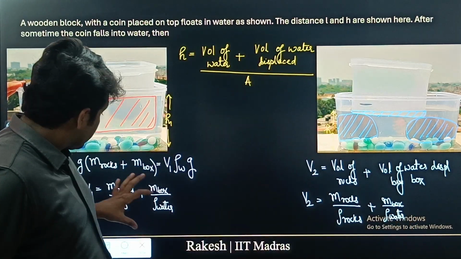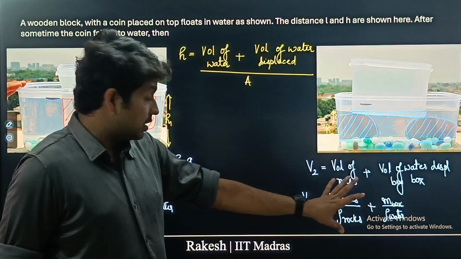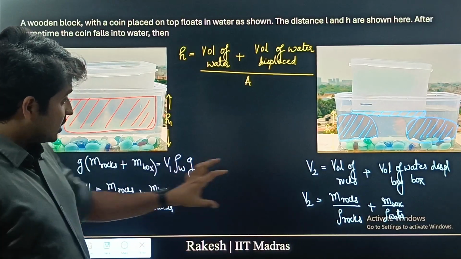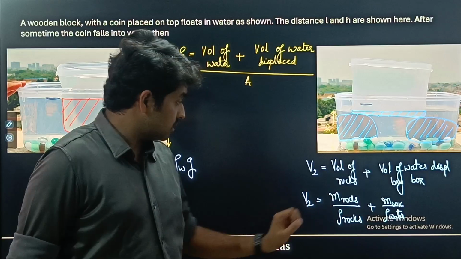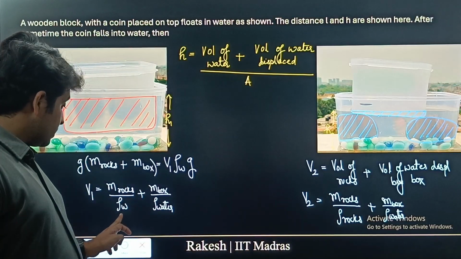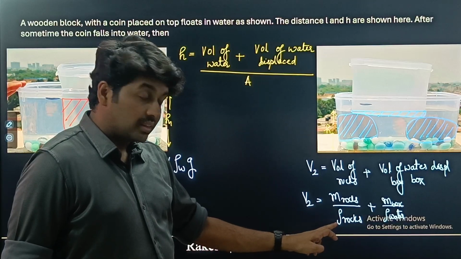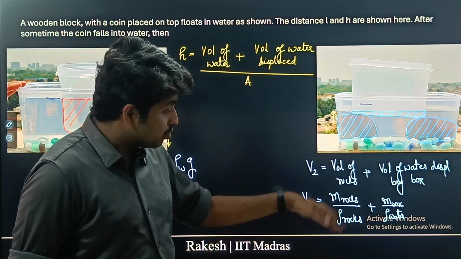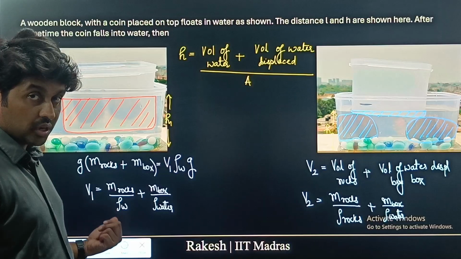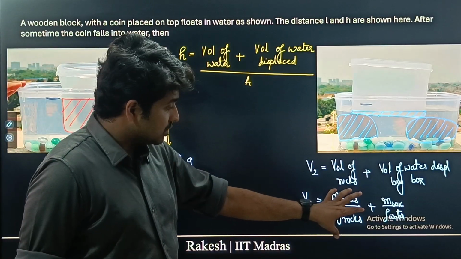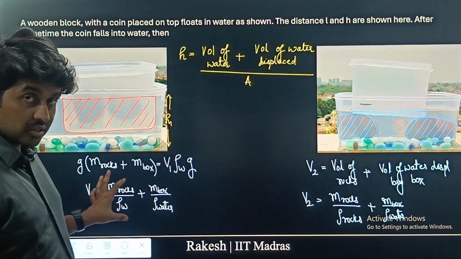Okay, now we just need to compare these two. Mass of box by density of water is the same in both the equations. Mass of rocks by density of water, mass of rocks by density of rocks. The density of rock is more than that of density of water. So this expression is more than this expression.